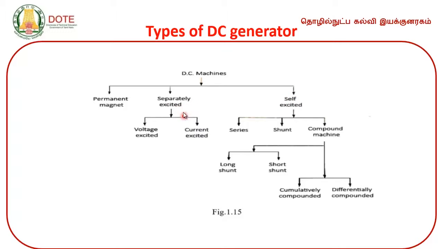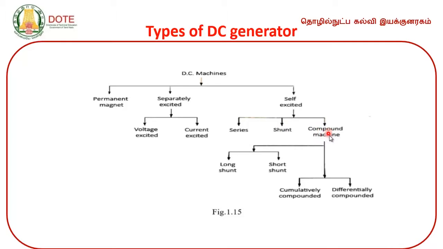Let us go on to the further classification of separately excited DC generators. It is further classified into voltage excited and current excited generators. Again, the self excited generators are classified into series generator, shunt generator and then compound generators.